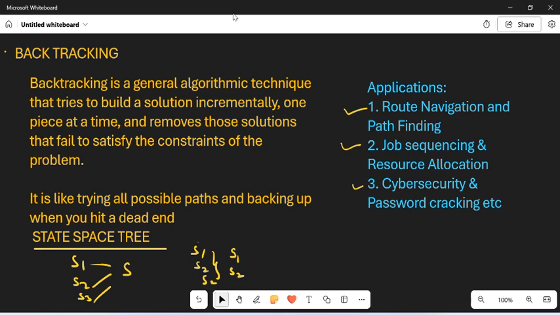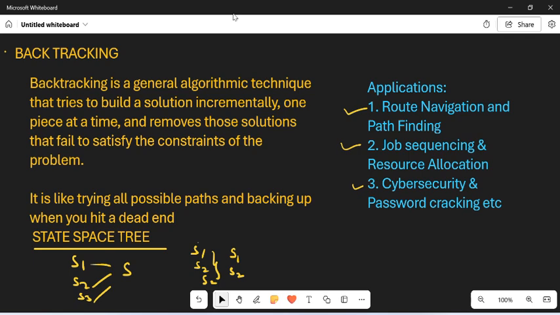Some password constraints are there, and based on that they will try all the possibilities and find a set of solutions. And when you go for job scheduling and resource allocation, if you concentrate on factories, hospitals, or cloud computing, allocating limited resources to different people efficiently is also a backtracking application. Therefore, these are the real world applications where we implement the backtracking concept.